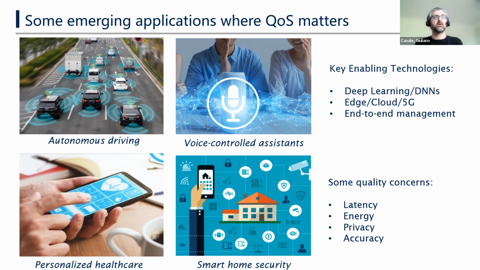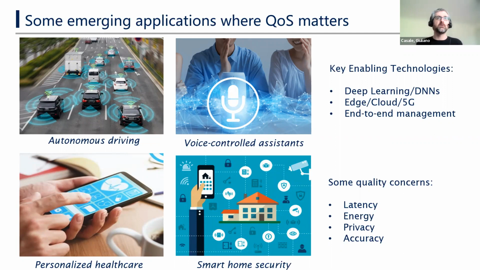And all these type of applications are arising in this time period, especially because deep learning have enabled the deployment of intelligence in the form of deep neural networks in many applications, including the ones I'm showing here.